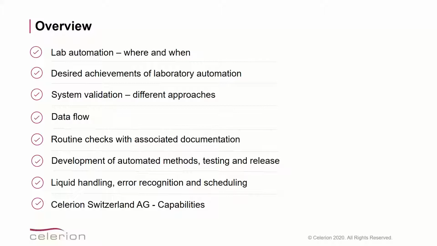She also will describe our processes of implementation of robotic methods from requesting a new method till its release. I will then focus on very strong achievements of modern automation software, automatic error handling and reporting, and the run scheduling. Finally, we'll present a number of unique applications and summarize the overall automation capabilities of our company.